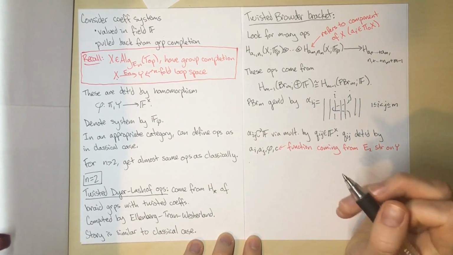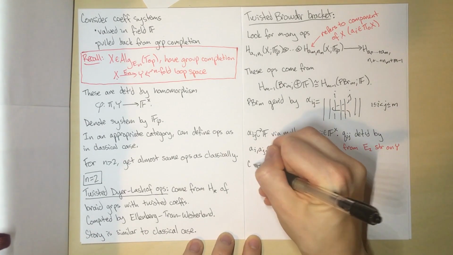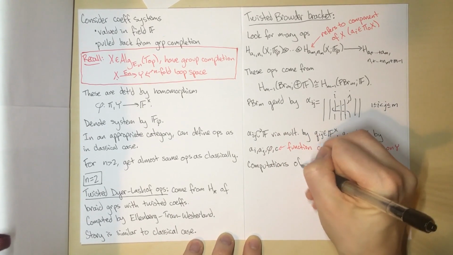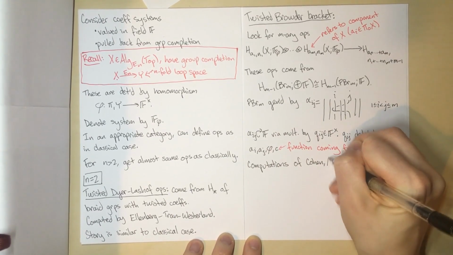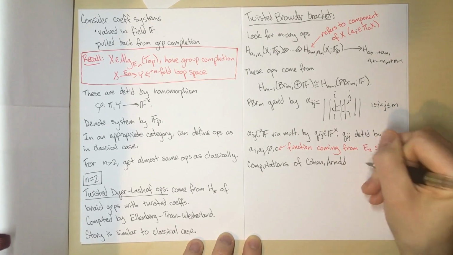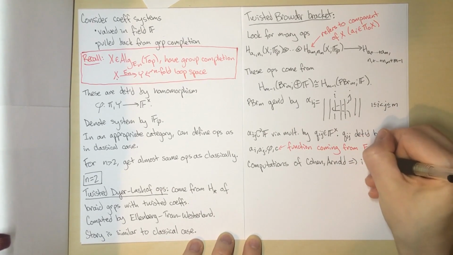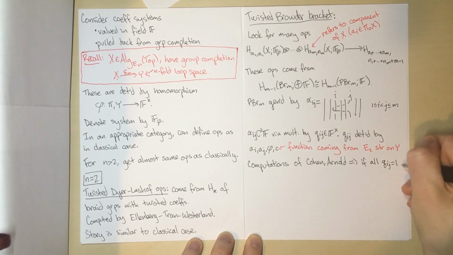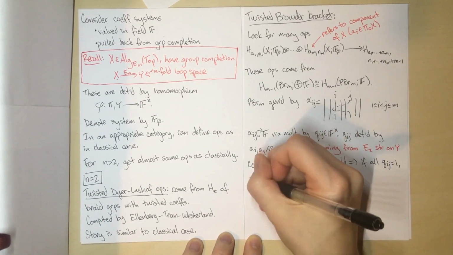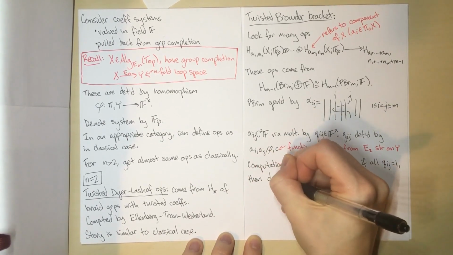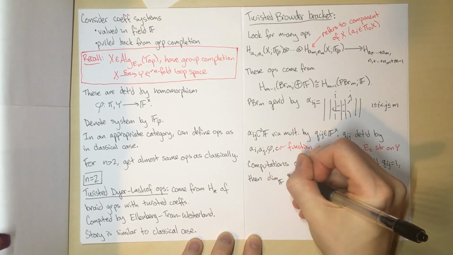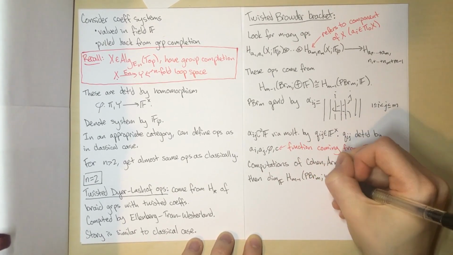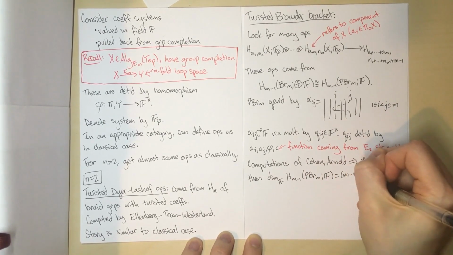And with constant coefficients, this has of course already been computed. Computations of, for instance, Fred Cohen and Arnold, perhaps others have also done this. These computations imply that if all of the q_ij's are equal to 1, so we have constant coefficients, then the dimension as an F vector space of this homology is equal to (m minus 1) factorial.